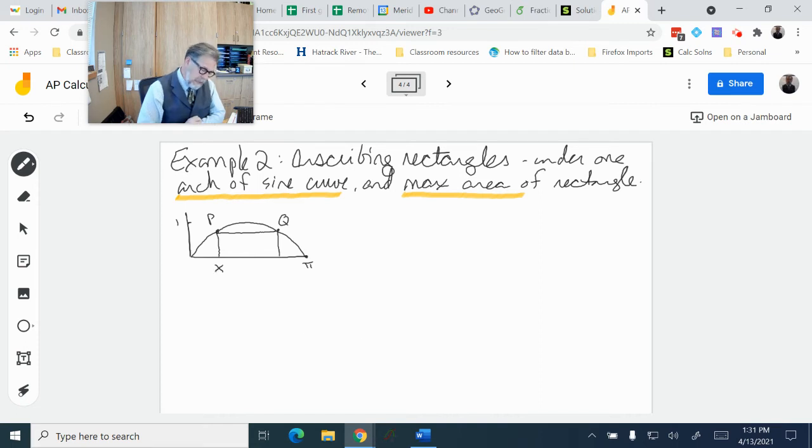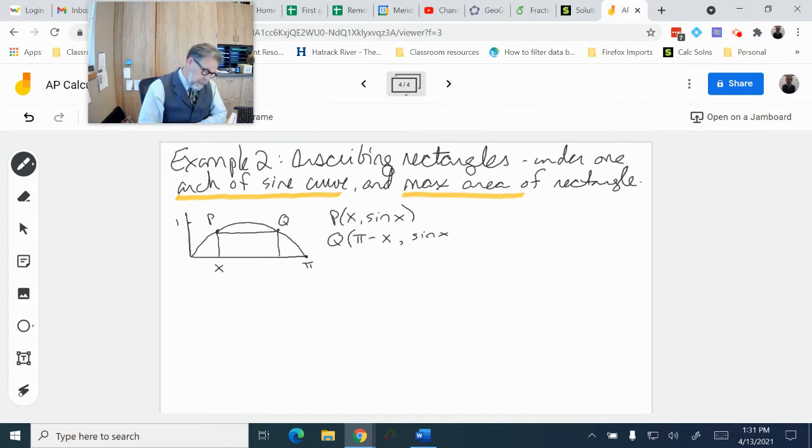The reason I'm going to call that x is because then I know that the coordinates of point P is x comma sine of x. And I know that the coordinates of point Q is pi minus x, because of symmetry, and that it has the same height, sine of x.